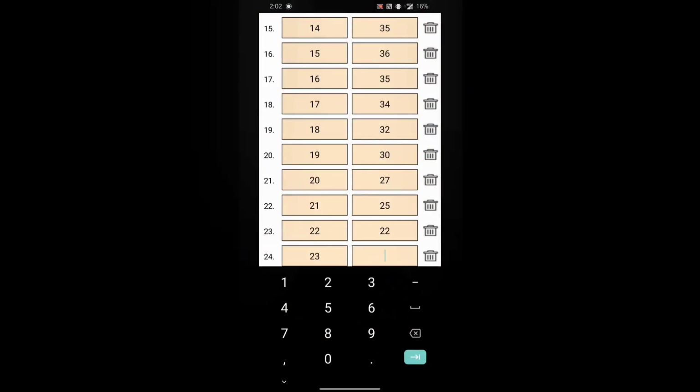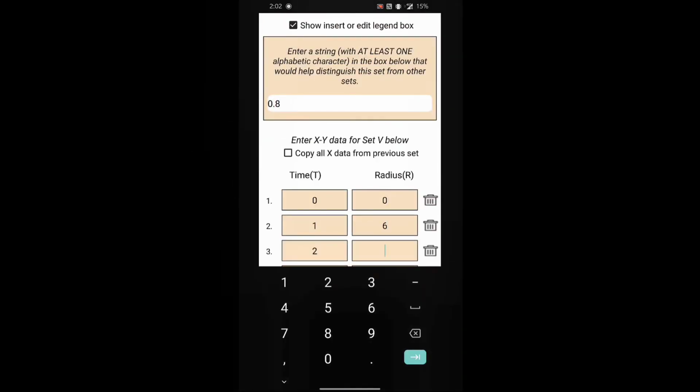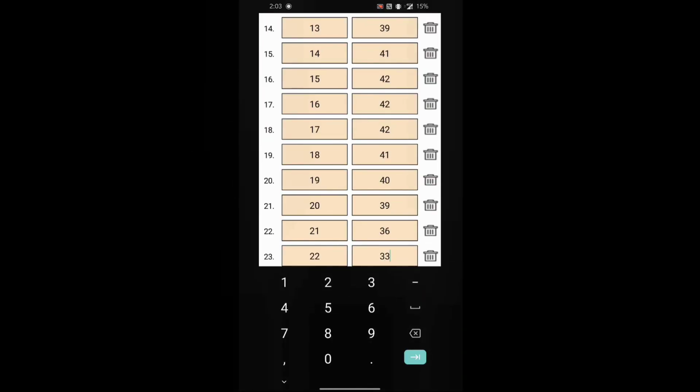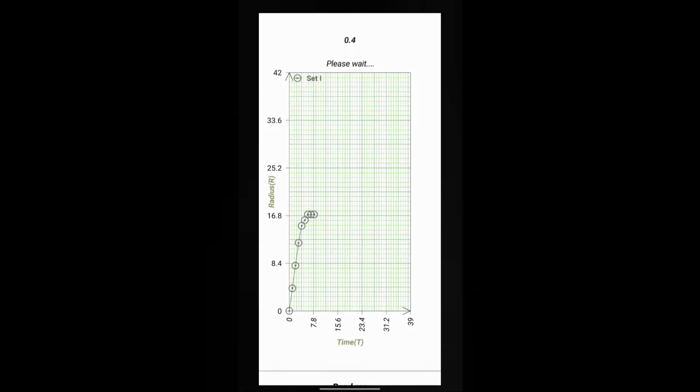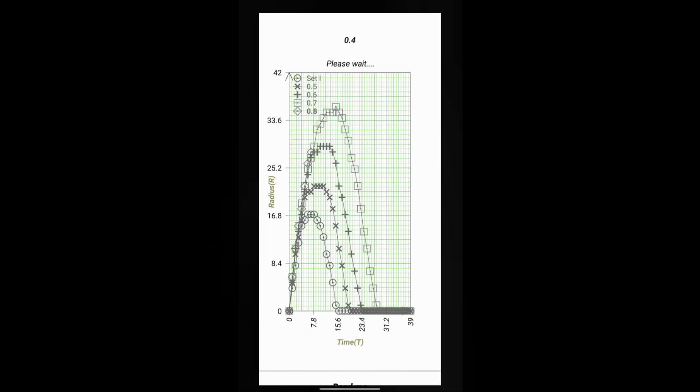But after repeated sessions of data taking and data analyzing and graph plotting, I could finally get results which could follow a certain curve. I then plotted radius of the droplet and time for all alcohol concentrations.